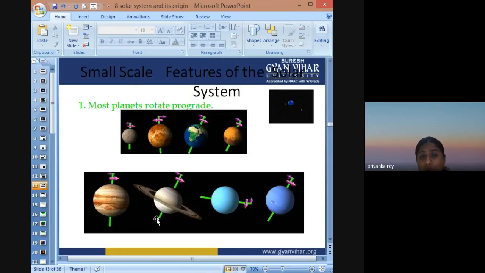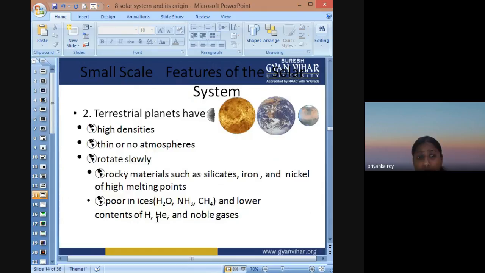Most planets rotate in a similar direction, like Earth. You have Venus and Mars moving in a similar direction. Similarly, outer planets like Jupiter, Uranus and Neptune move in the same direction as Earth, but they all have a different speed of rotation.